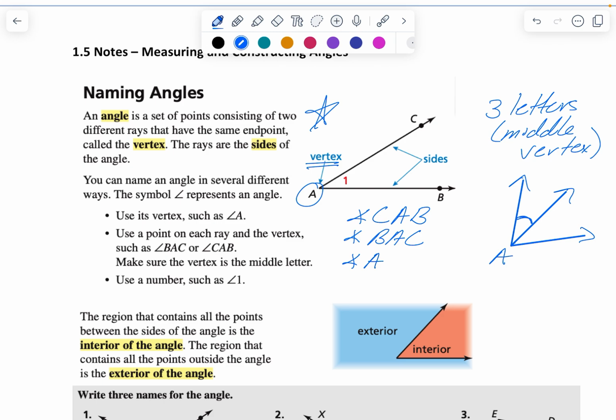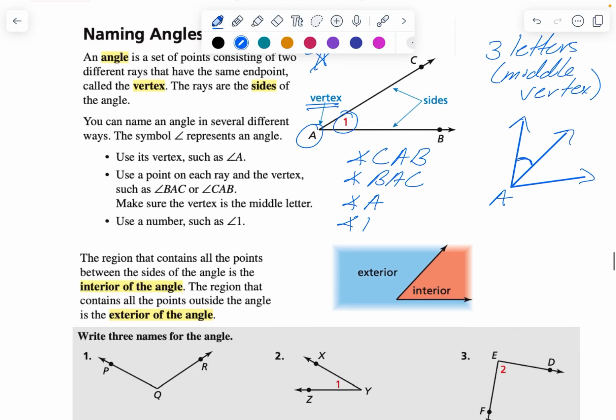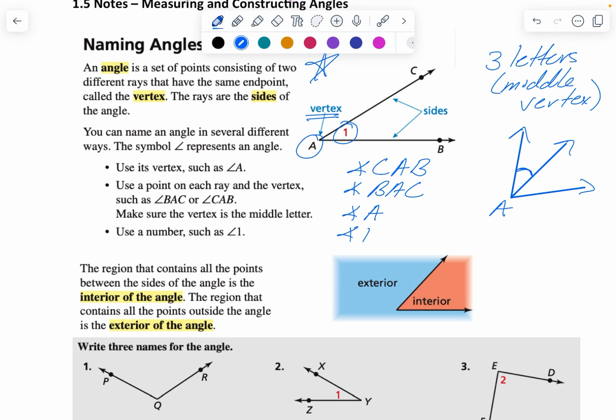And then finally, if there's a little number in there, you could call it angle 1. So those are the 4 ways to name an angle. Again, it's important to be specific, with the vertex in the center if there are 3 letters, so that everyone knows what angle you're talking about.